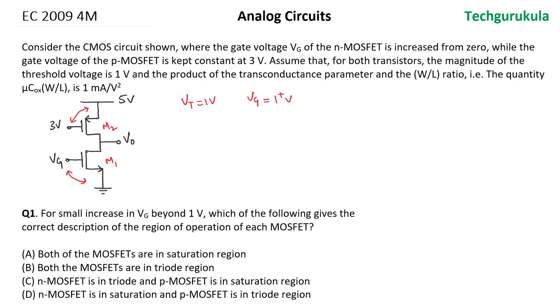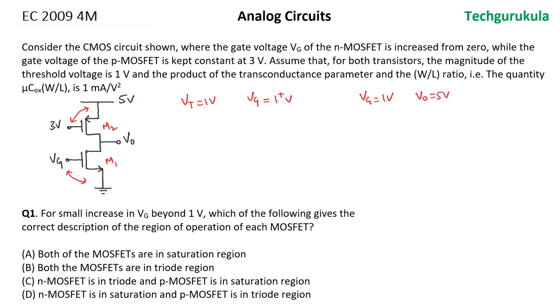Magnitude of VGS is 2 volts for PMOS, which is greater than magnitude of Vt 1 volt. Hence, PMOS has a channel created and there is no current flowing, which means the voltage drop across the channel is 0. Hence, V0 will be equal to 5 volts. So when Vg is equal to 1 volt, V0 will be equal to 5 volts.